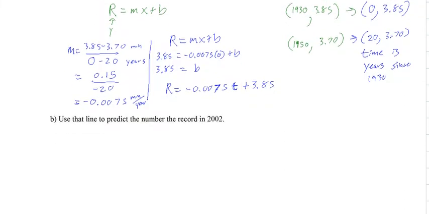So let's answer some questions. So use the line to predict the number the record is in 2002. So we have to subtract 1930 to find the number of years, which is 72.